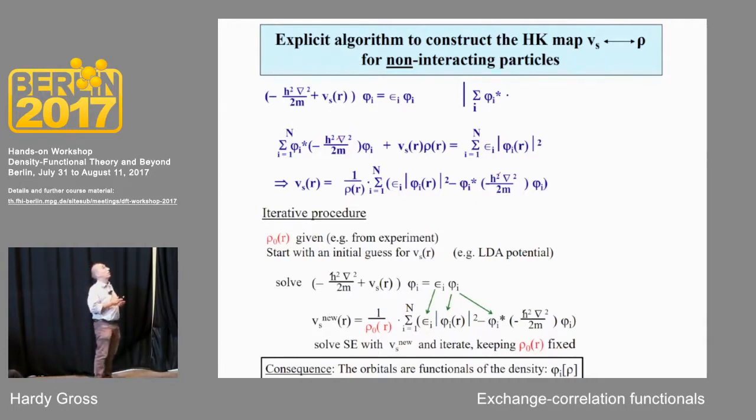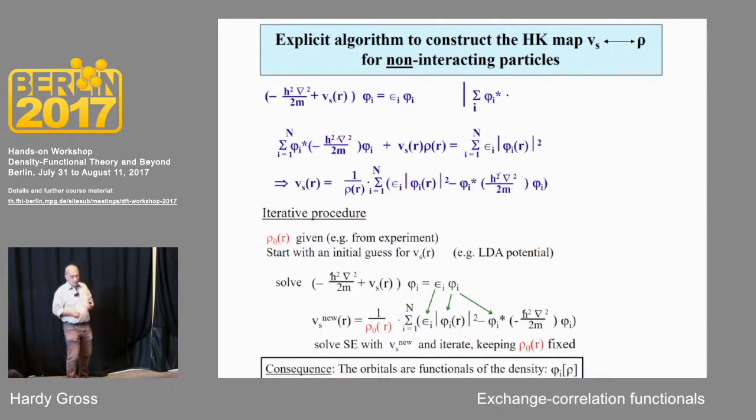You just start from the non-interacting Schrödinger equation, multiply it with phi star, and you get this. You see you get a sum over phi star squared, which is the density, multiplying the potential. We divide by that and get this equation. That's just the Schrödinger equation. Nothing happened, still the Schrödinger equation.